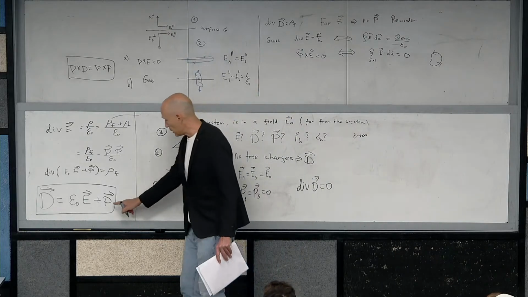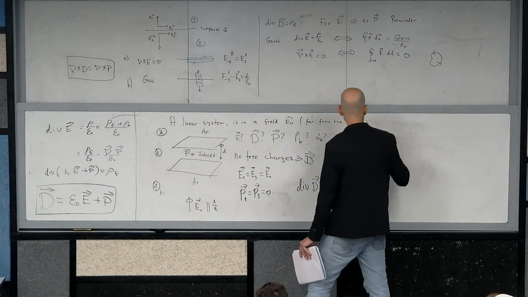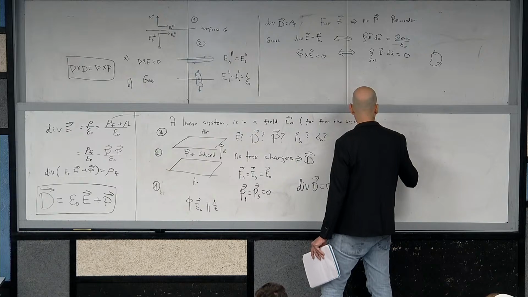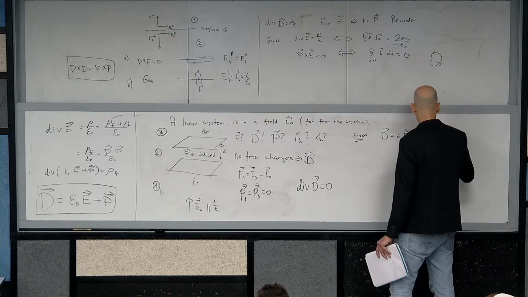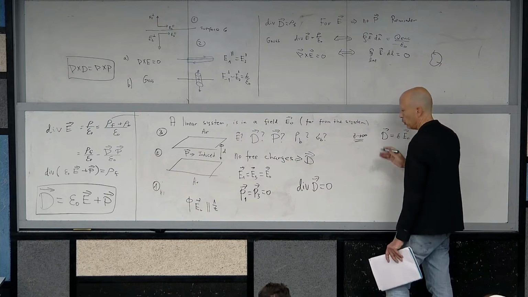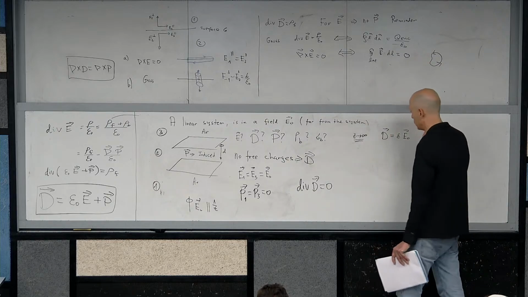We know that P is equal to 0. And then we know that D is epsilon 0 times E0, again because P is equal to 0. There's no material and no polarization.